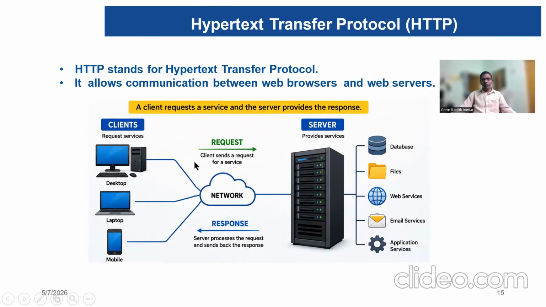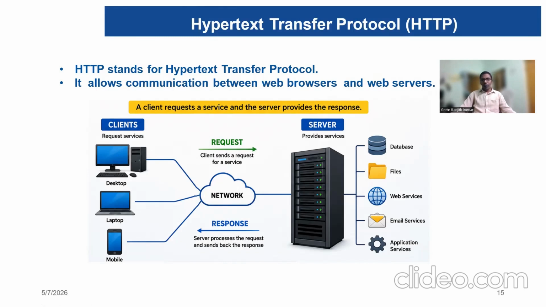That communication will be possible by using this HTTP. So whenever google.com is typed in the browser using any device, one request will be generated to the server. What is the request? The client is requesting for the website that is google.com.